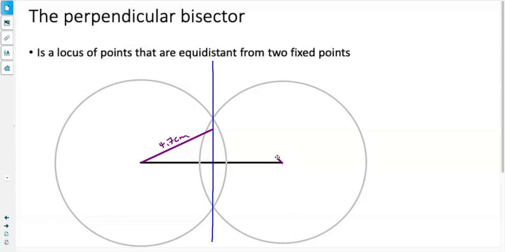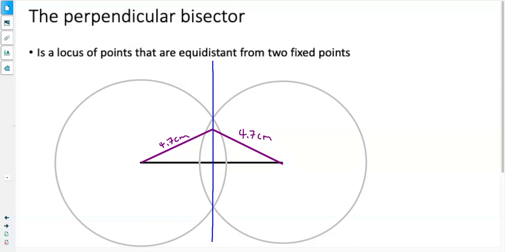If I go to the other end of our line and draw it to here to match up where the other line meets, and then measure it, I also get 4.7 centimeters.